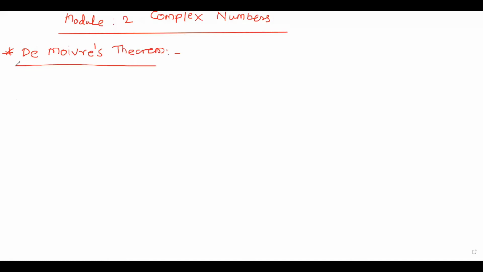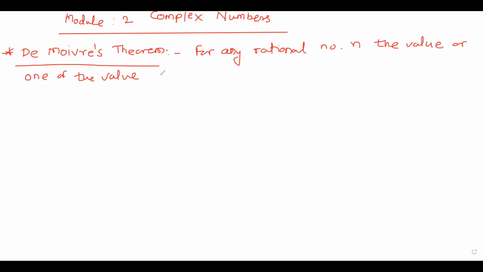What do you mean by De Moivre's theorem? So De Moivre's theorem says that for any rational number n, the value, or one of the values, of cos theta plus i into sine of theta, raised to the whole n, is equal to cos of n theta plus i into sine of n theta.